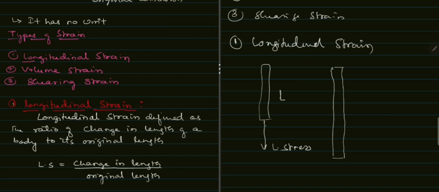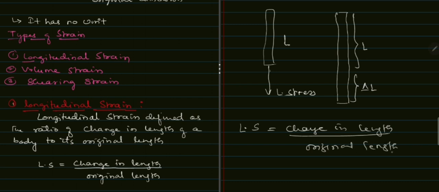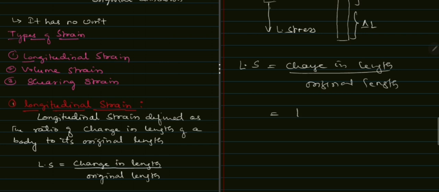The original length is L, and the change in length is delta L. So we can define the longitudinal strain as the ratio of change in length to the original length, that is delta L divided by L.